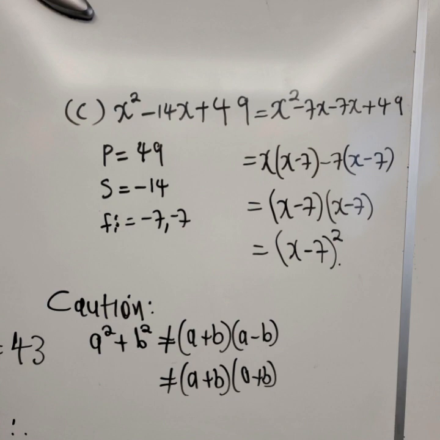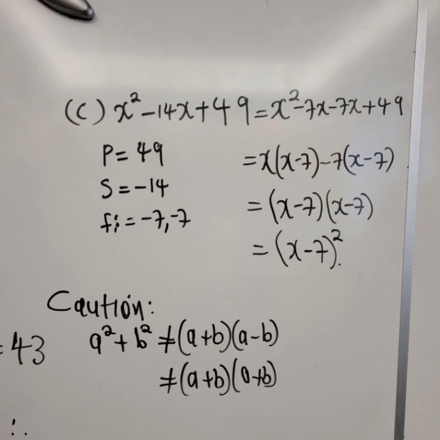But we said the factors are the factors of our product, which is just negative 7 and negative 7 itself. So we can go ahead and write negative 14 as the sum of these numbers. So this is x squared minus 7x minus 7x, then plus 49, right?